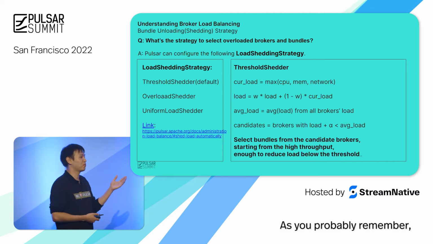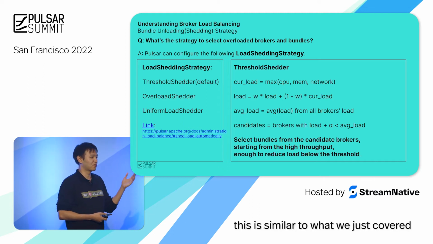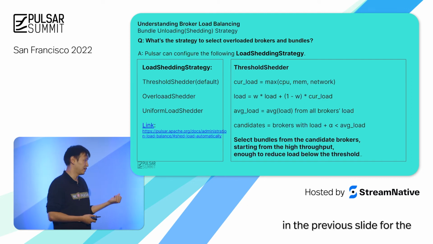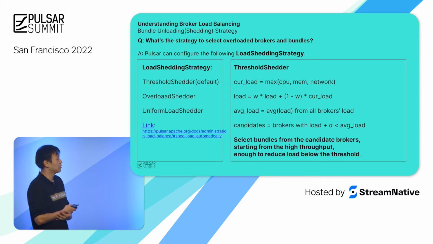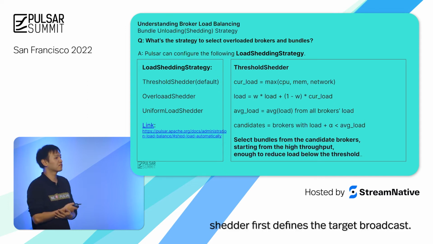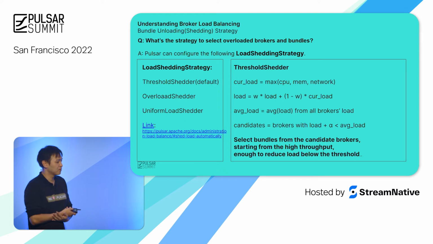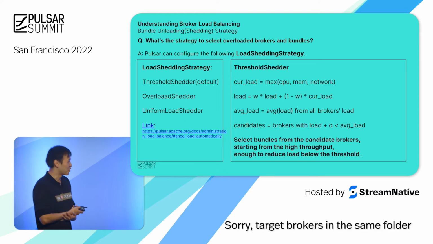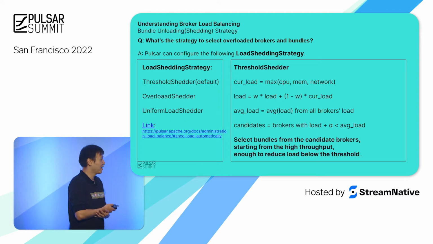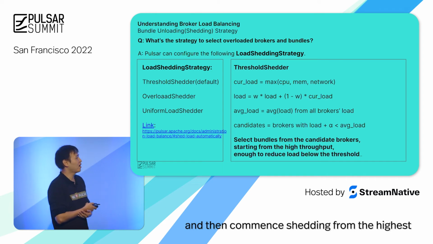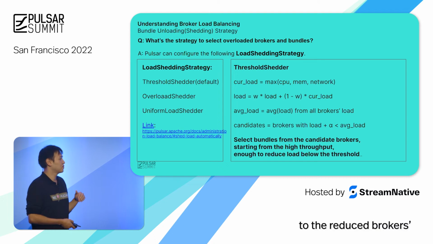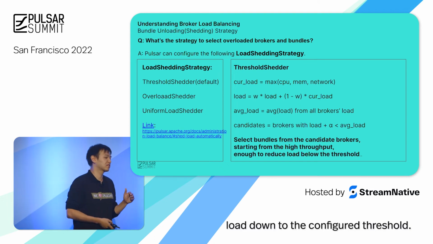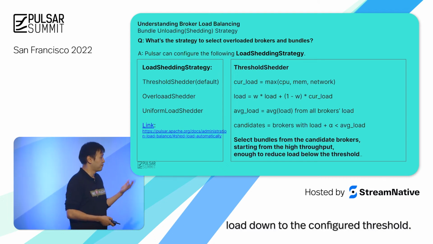As you probably remember, this is similar to what we just covered in the previous slide for the bundle assignment strategy. It uses the same formula, and the threshold shedder first finds the target brokers with the same formula, and then commands shedding from the highest throughput bundles to the lowest, enough to reduce the broker's load down to the configured threshold.